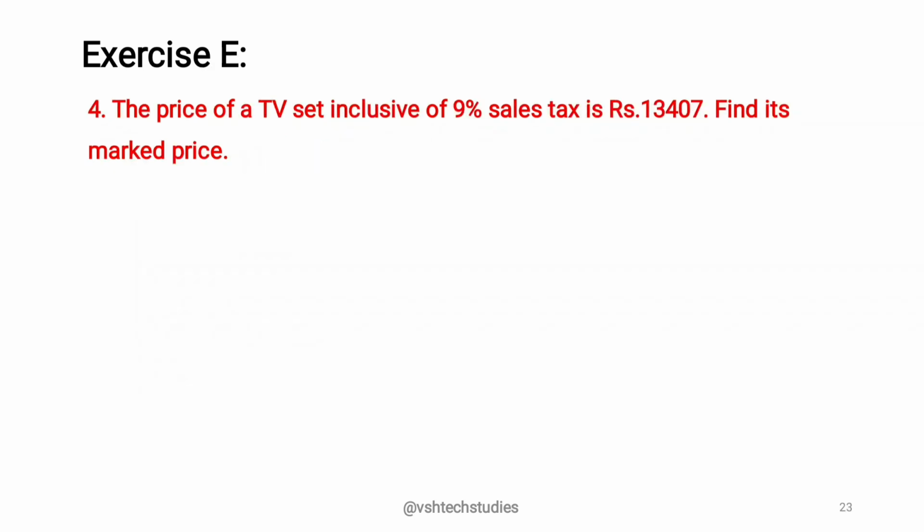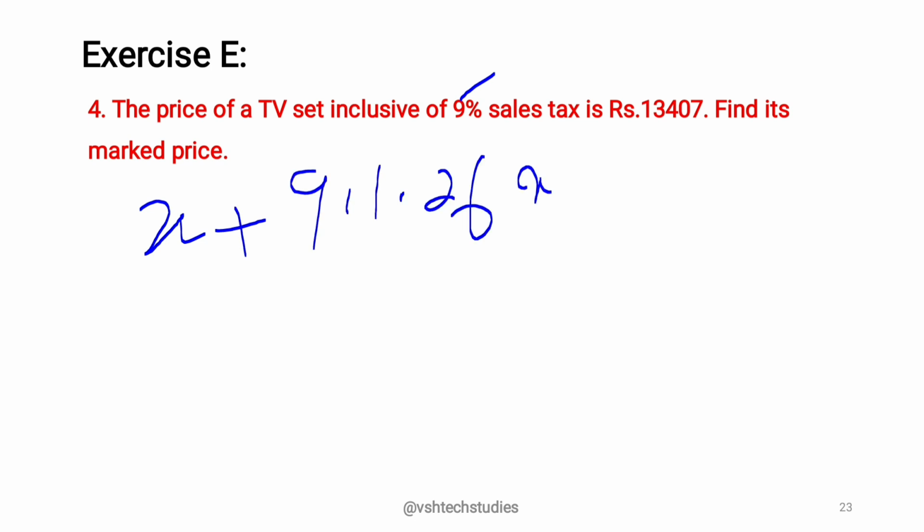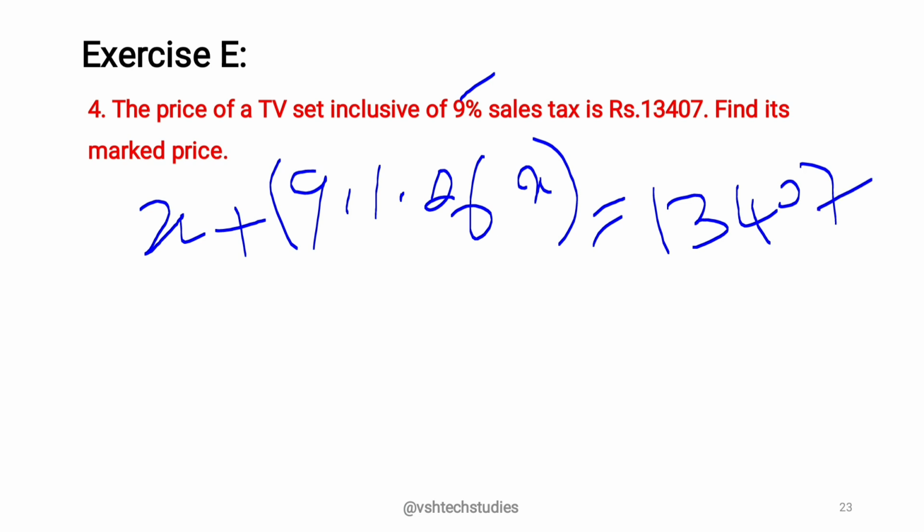Next, let us take the fourth problem. The price of a TV set inclusive of 9% sales tax. That is, if the price of the TV is X, 9% sales tax means 9% of X. So X, the TV price, plus 9% of X, that is sales tax, that total is equal to 13,407 rupees.